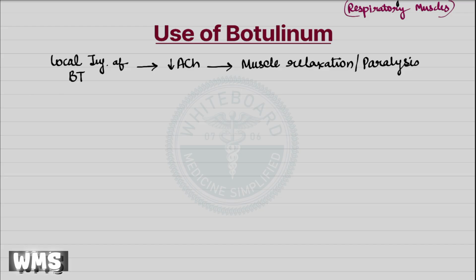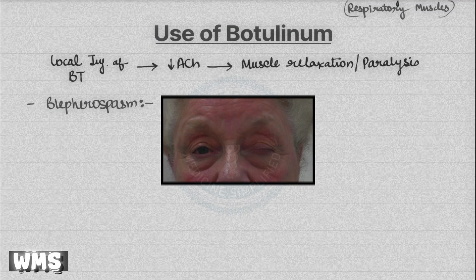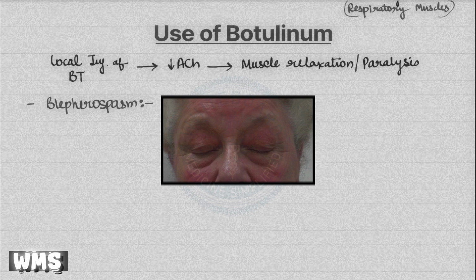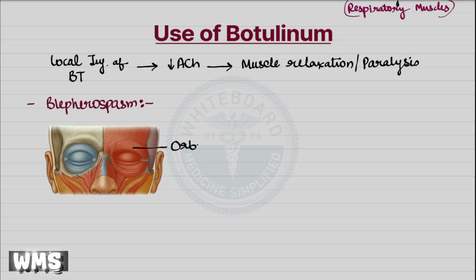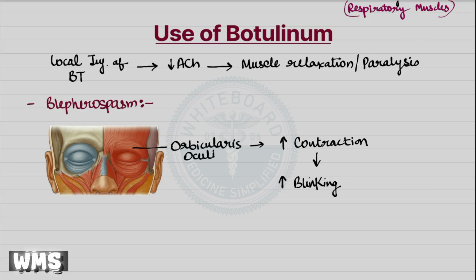Because of this property of causing localized muscle relaxation, botulinum toxin becomes very useful in conditions where there is excessive or involuntary muscle contraction. One classic example is blepharospasm, which refers to involuntary repetitive contractions of the eyelid muscles. In blepharospasm, the orbicularis oculi muscle contracts abnormally, leading to uncontrollable blinking or even sustained closure of the eyelids.